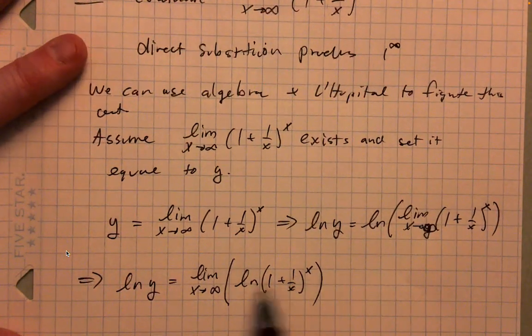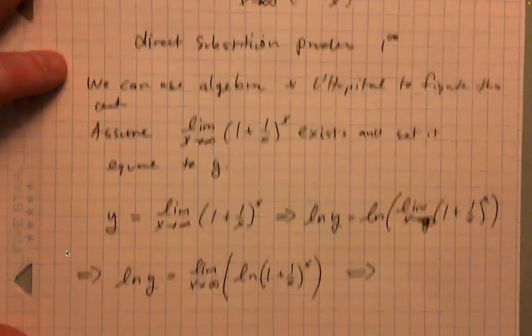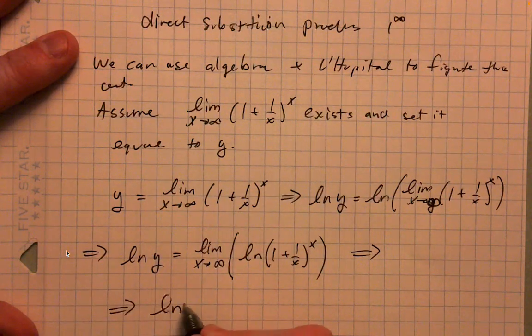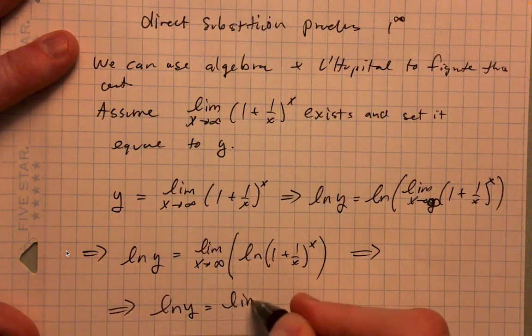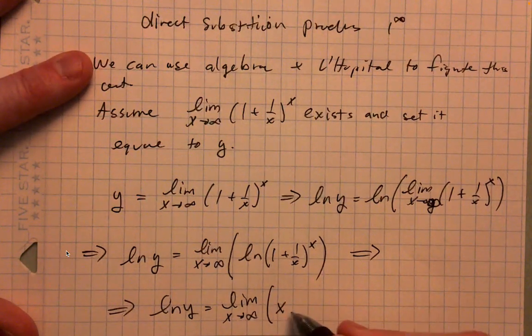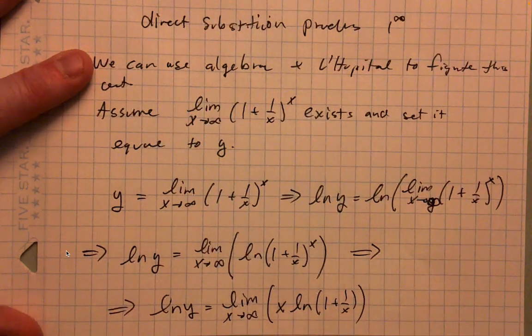That allows me to bring the exponent down front, which is a property of logarithms. So now I have the natural log of y equal to the limit as x approaches infinity of x times the natural log of 1 plus 1 over x.